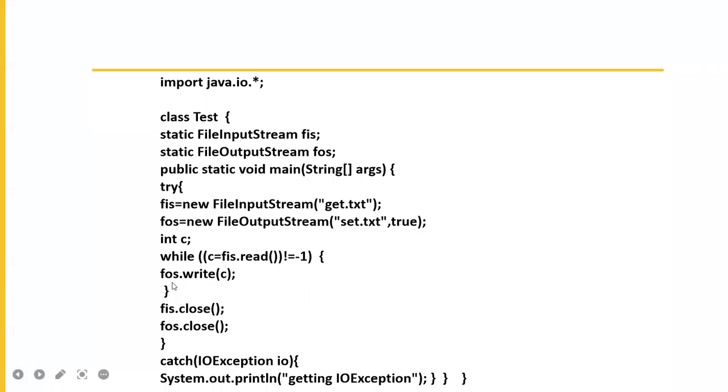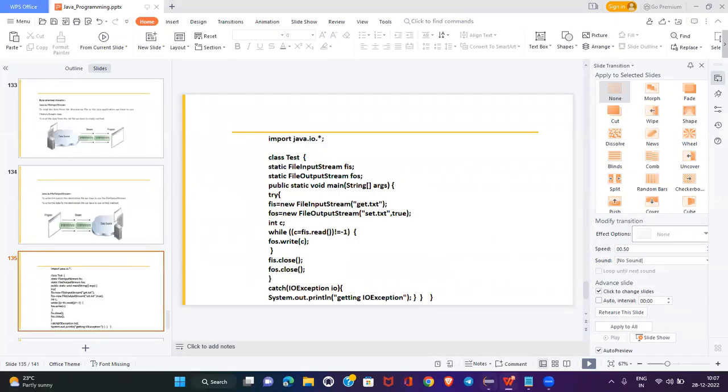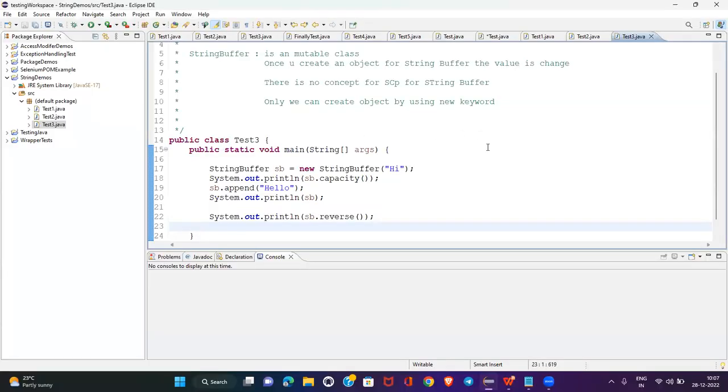So where am I writing that value? On the FOS. FOS is what? File output stream. We are just reading the data from the get text and writing the data into the FOS, that is file output stream. Let's take an example. We'll show you how we work on it.